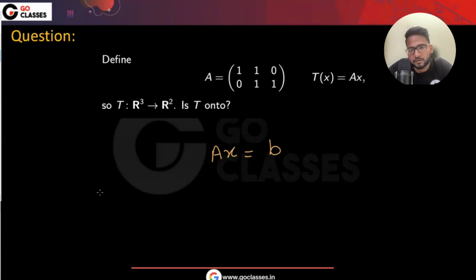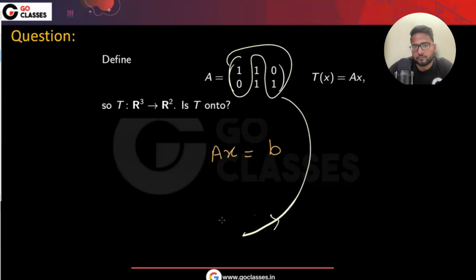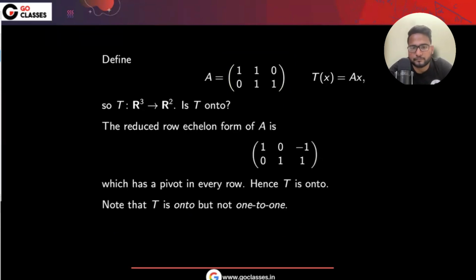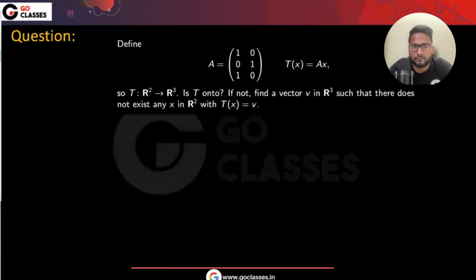So yes, you can say two linearly independent vectors in R2, right? Okay. Tell me if it is onto or not. Can this whole thing span R3? Never, right? So this whole thing can never span R3. So this is not onto.